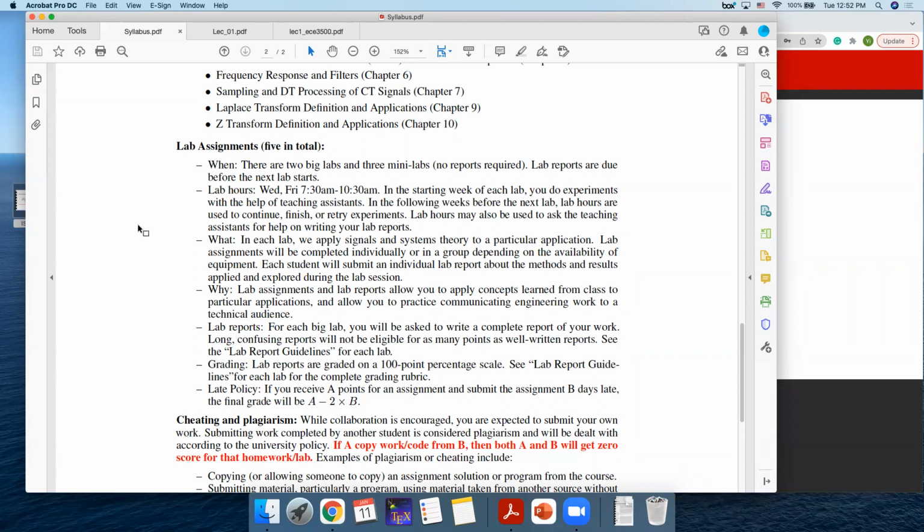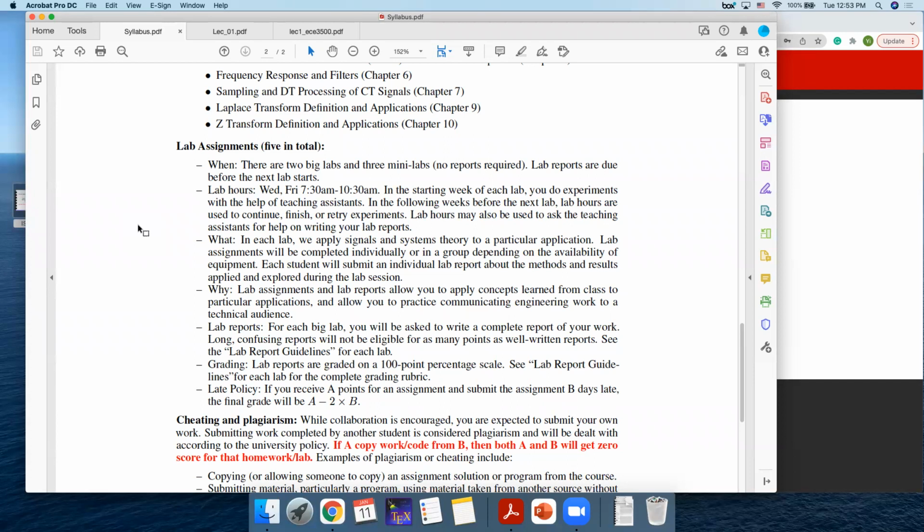I know over the past years, many students sometimes skip the lab sessions and choose to work on their own in their spare time, but often that takes much more time than completing all the assignments in the lab hours. For example, lab 1, I'm pretty sure you can complete all the assignments within 50 minutes. So you should try to finish that on Wednesday morning or Friday morning. That will save you a lot of time and effort.